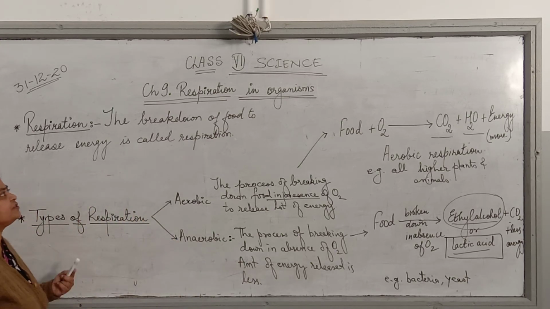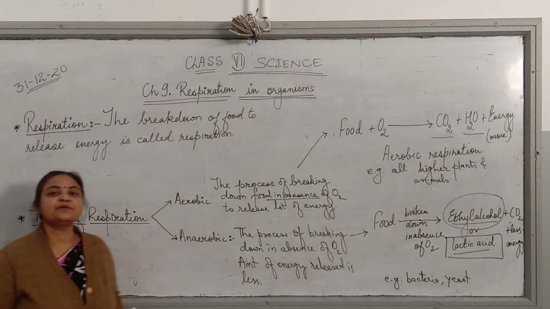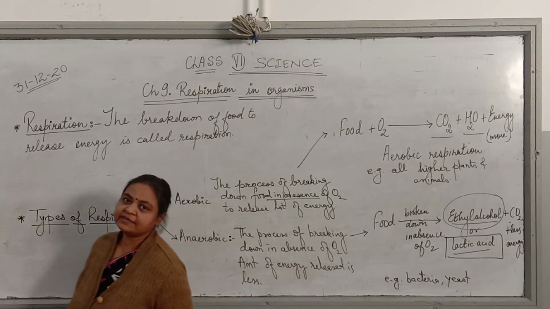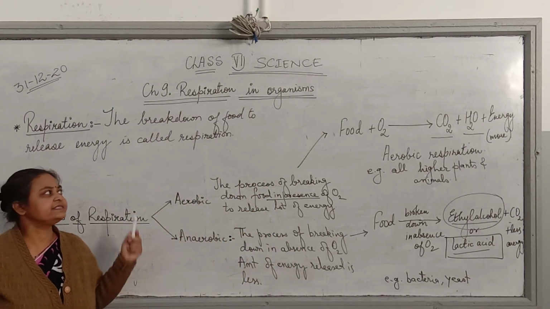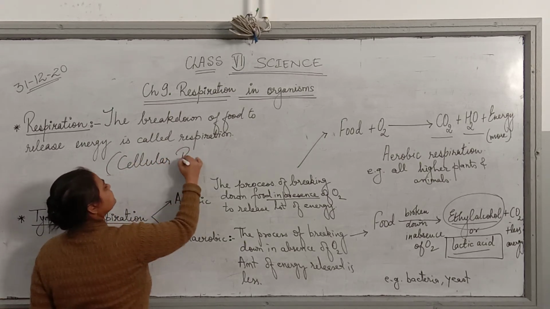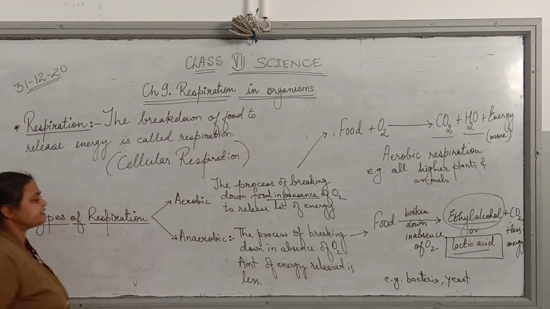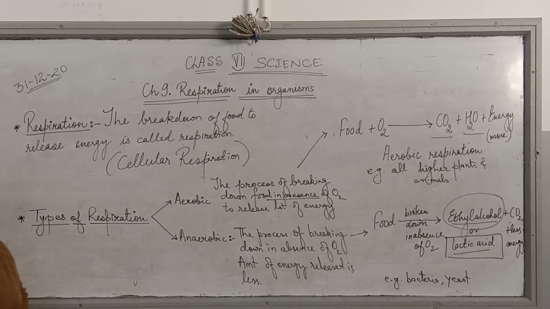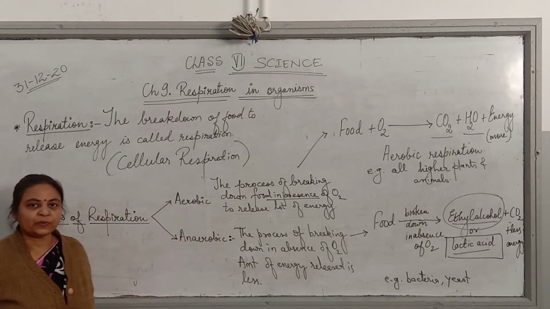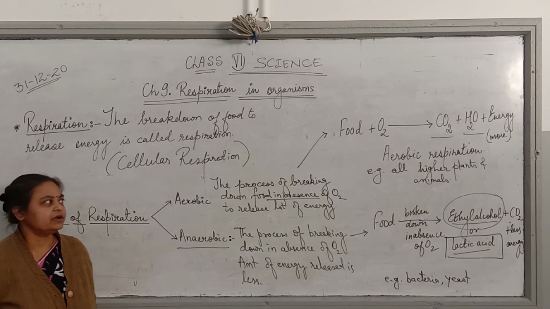So children, in this video we have studied what is respiration. Let me revise that. Respiration is the process of breaking down food to release energy from the food in the cells. We can call it cellular respiration also. We have also discussed two types of respiration: aerobic respiration, in which oxygen is required, and anaerobic respiration, in which oxygen is not required.